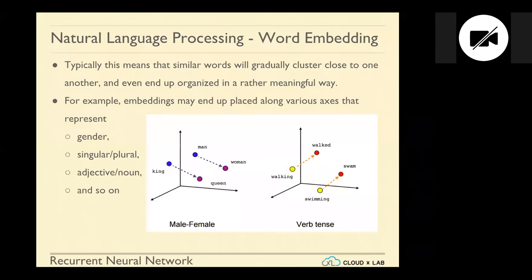Typically, this means that words will gradually cluster close to one another and even be organized in a rather meaningful way. For example, embeddings may end up placed along various axes that represent gender, singular, plural, adjective, and so on.